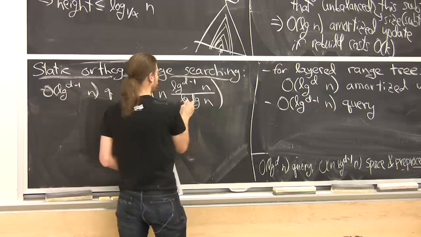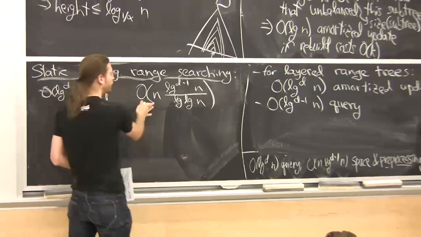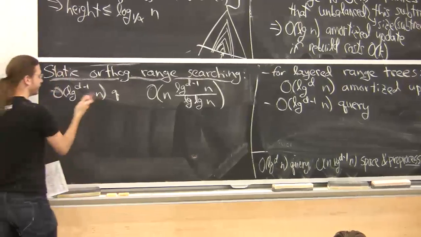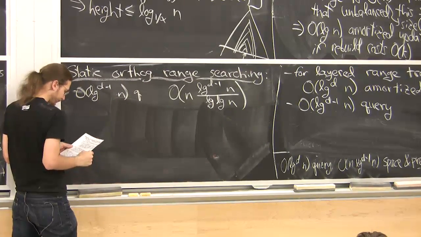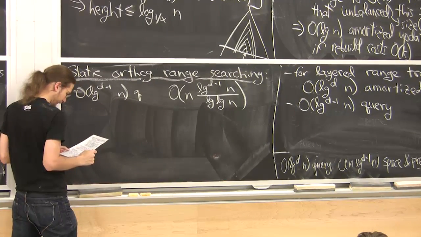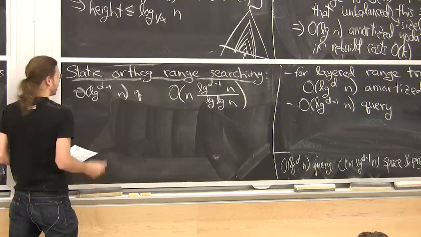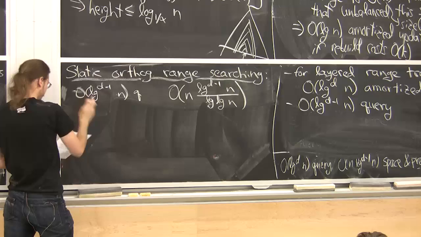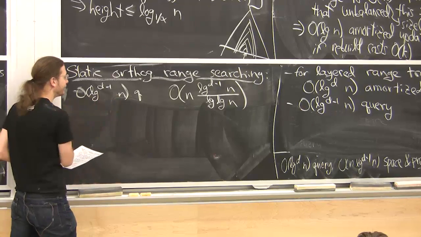Slight improvement. And in a certain model, this is basically optimal, which is kind of even crazier. This is an old result by Chazelle, 1986. Sorry, not 2D. It's in general.